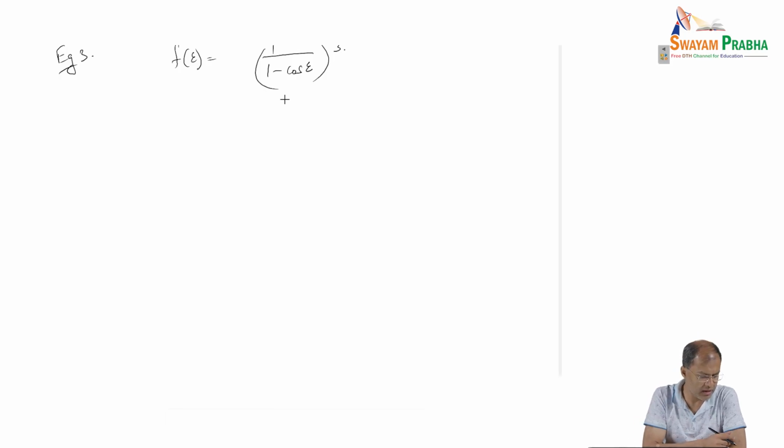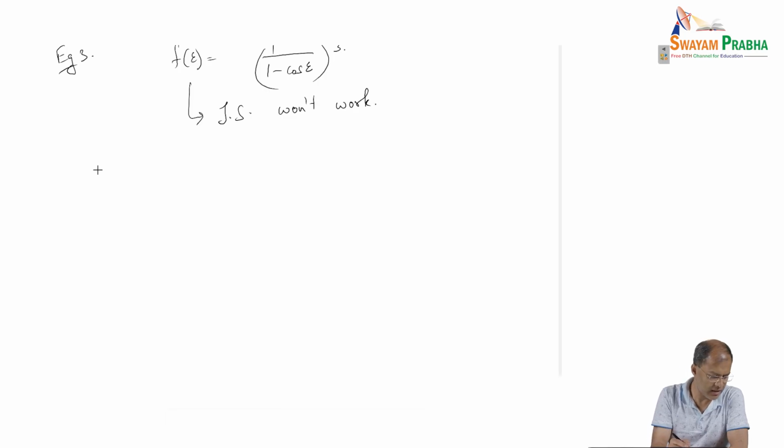So we will run into trouble, and a quick observation tells us that the Taylor series won't work. So what can be done? Another way to look at it is to see what the Taylor series of cos epsilon is.